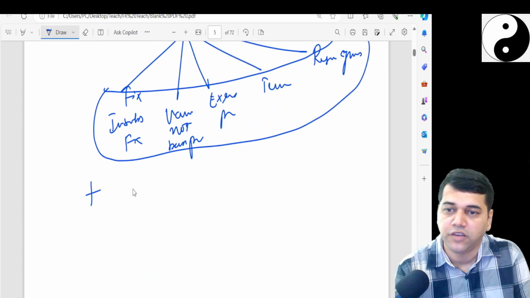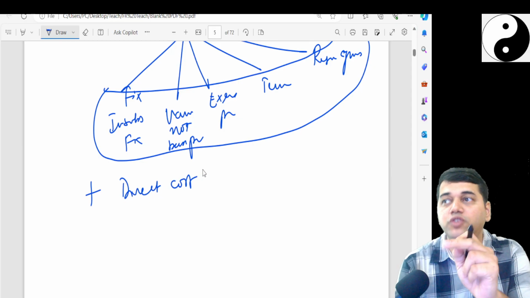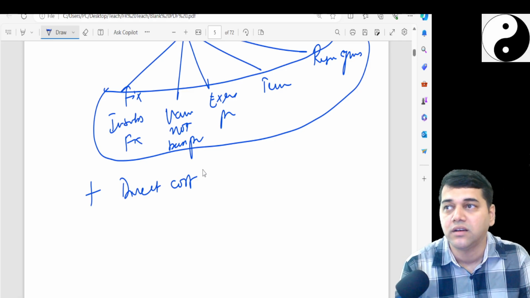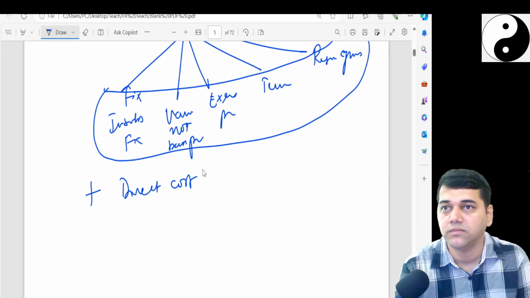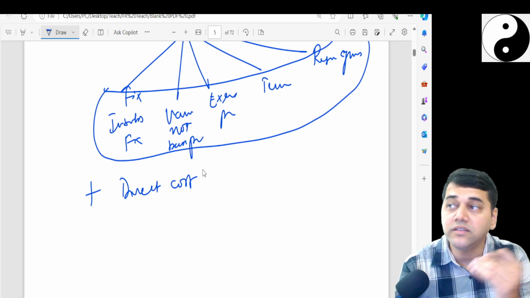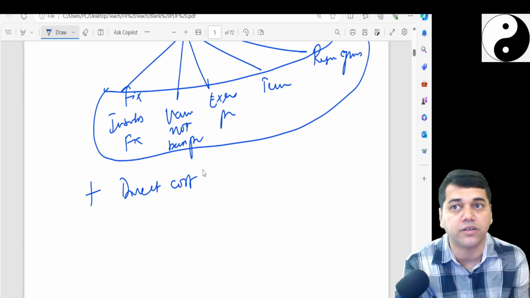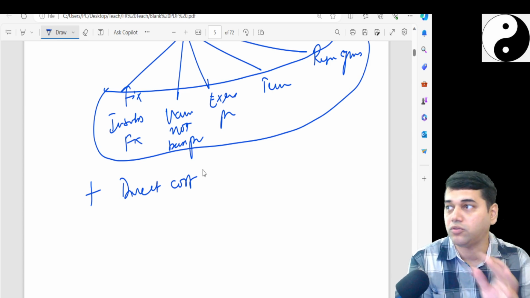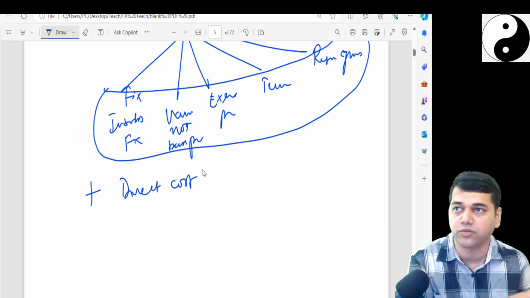Plus, if you have incurred initial direct costs which are directly incurred, which you could have avoided, like the commission paid to the sales agent. You paid it because you got this lease contract. Something which is not directly related, you expense it out.